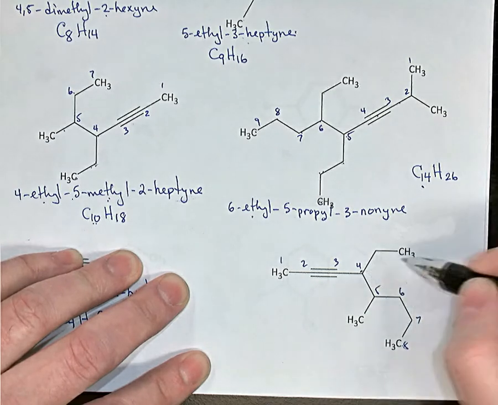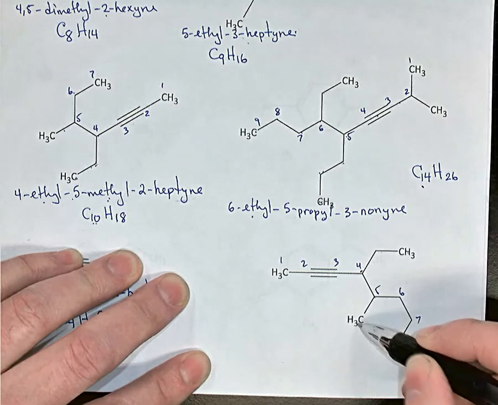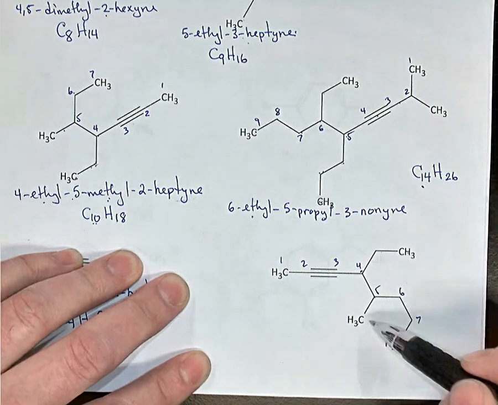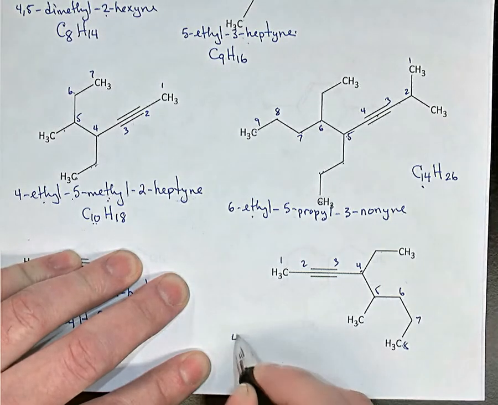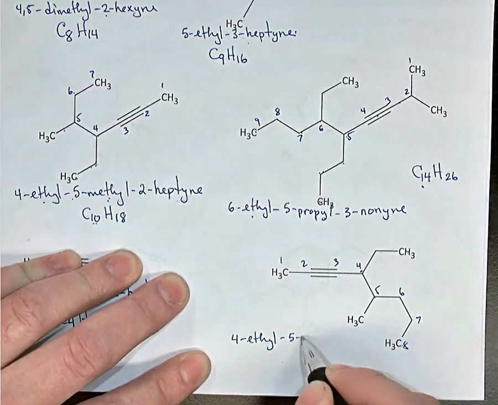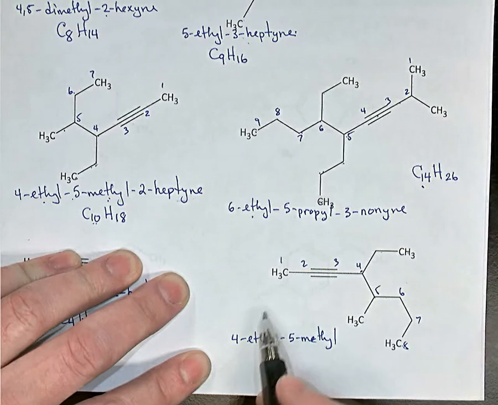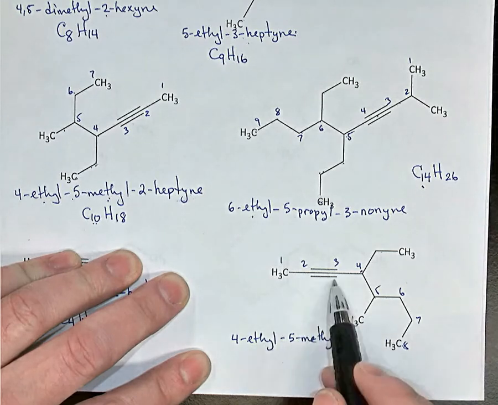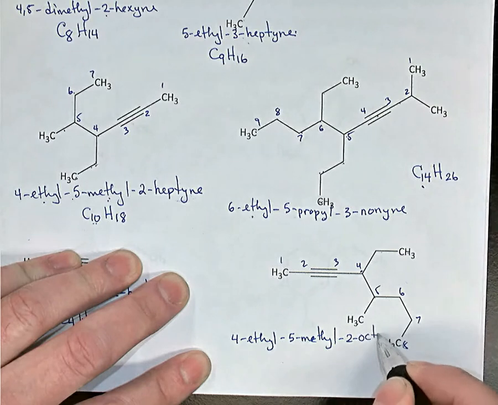Carbon 4 has an ethyl branch, and carbon number 5 has a methyl branch. So we're going to name the ethyl before the methyl alphabetically. So this should become 4-ethyl-5-methyl, and then octyne, but it's the second bond, which was the triple bond, so 2-octyne.